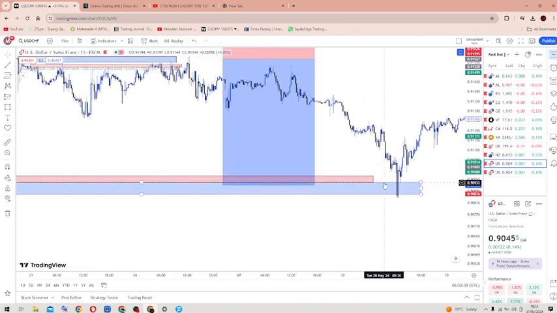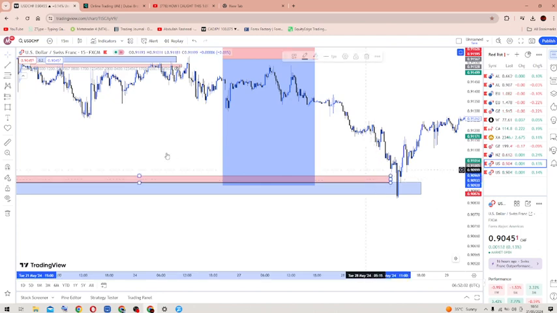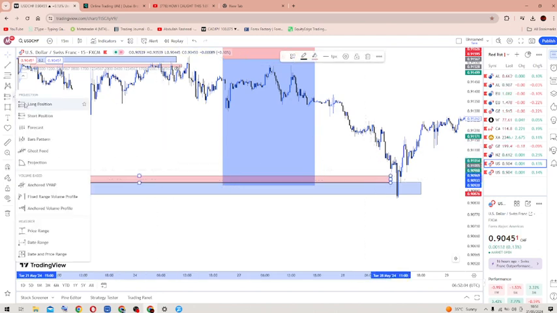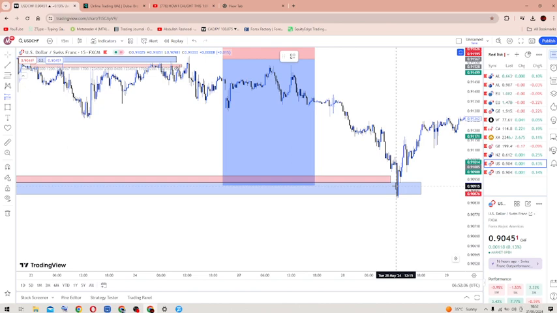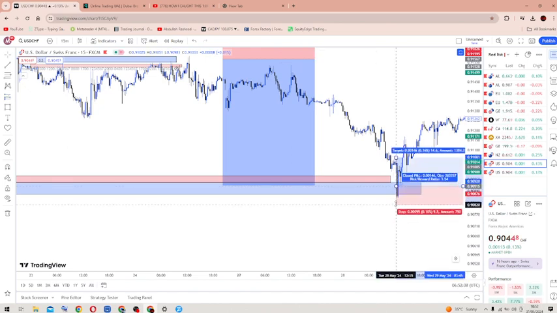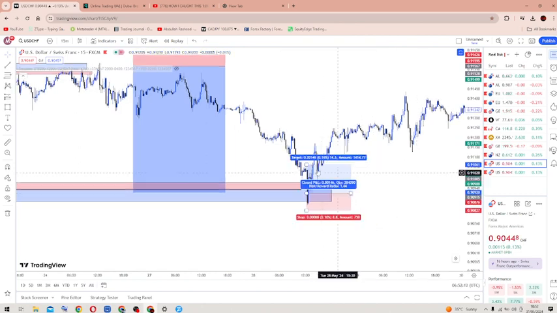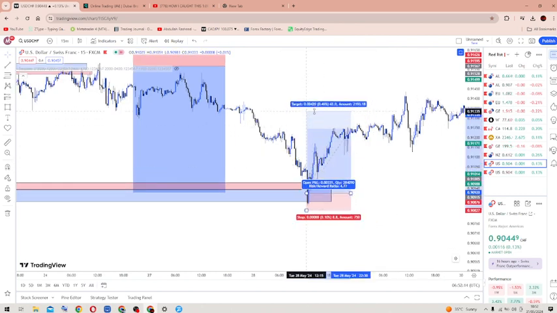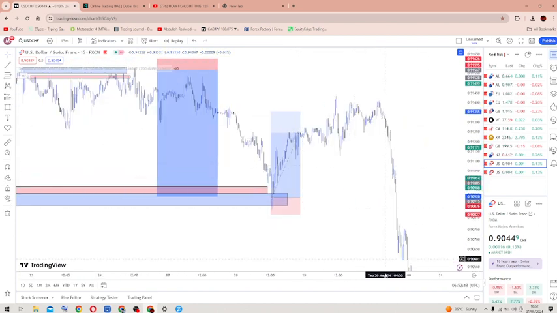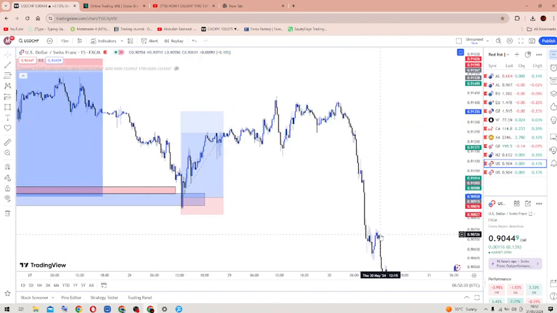Again, price came into this zone. Then we would have got a buy opportunity into this zone with stop losses below. We would have got at least a 1 to 4 already in this zone before it sold off. Same thing, same format.